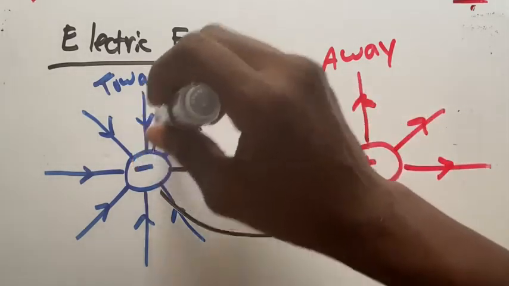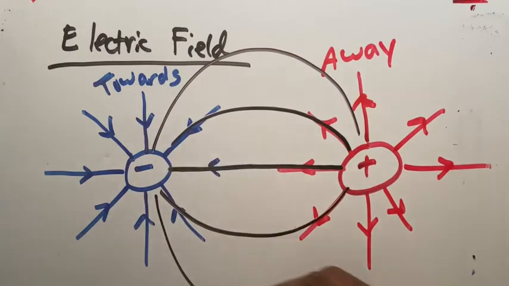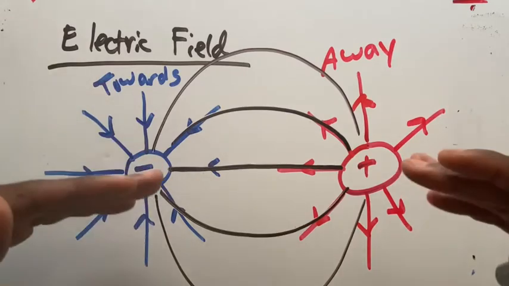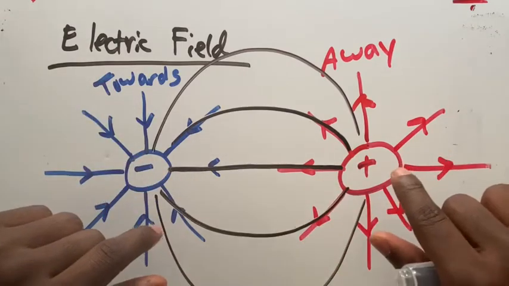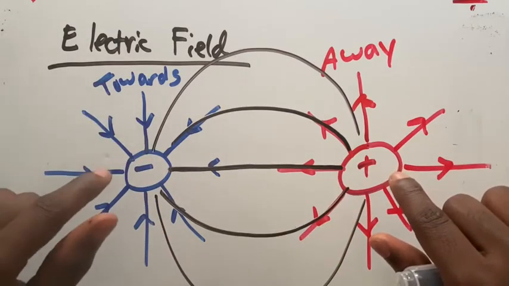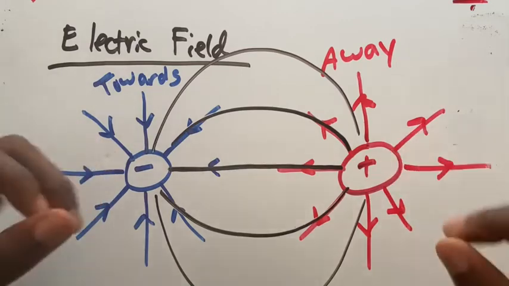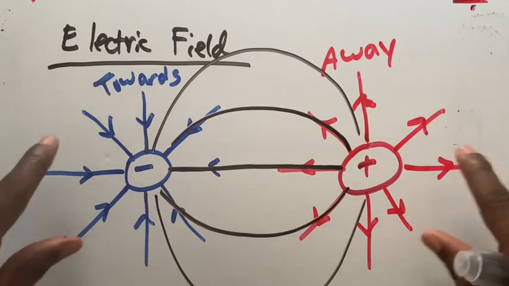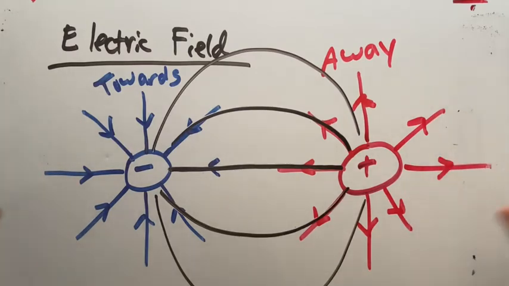And then maybe one more like this. So this is how the electric field interaction would look for a positive and a negative charge near each other. And then these outside ones would still look the same. They would just go outwards in their directions.